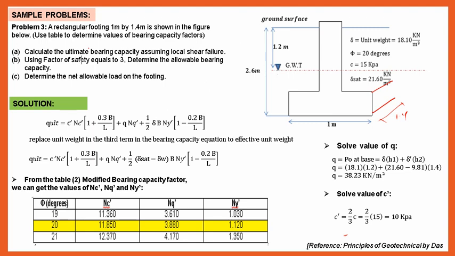So, we need to solve for the ultimate bearing capacity, assuming local shear failure. And using factor of safety equal to 3, we also have to determine the allowable bearing capacity. And then for C, we have to determine the net allowable load on our footing. Net allowable load. Okay?